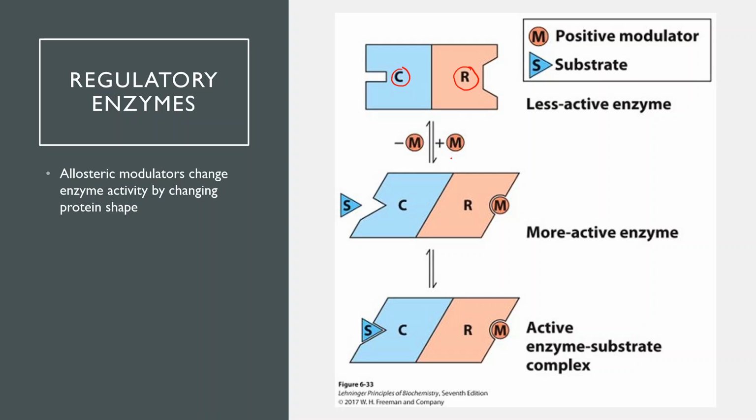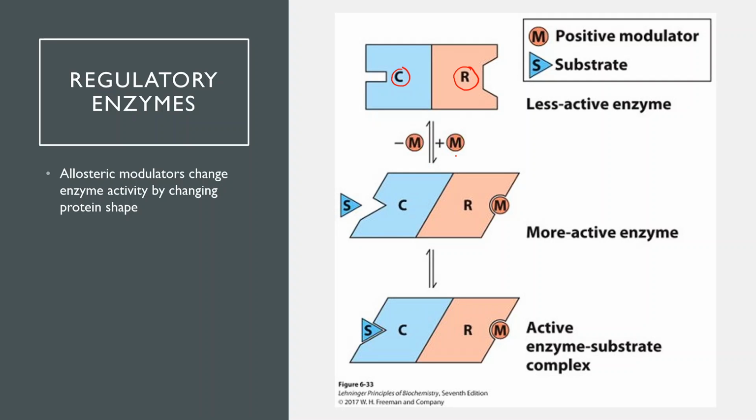Now, this doesn't mean that the modulator is absolutely necessary, so you could still have binding between the substrate and the catalytic domain without the modulator, but the modulator causes the protein to change shape and basically either increase the affinity of the substrate or just increase the ability of the enzyme to carry out the reaction.